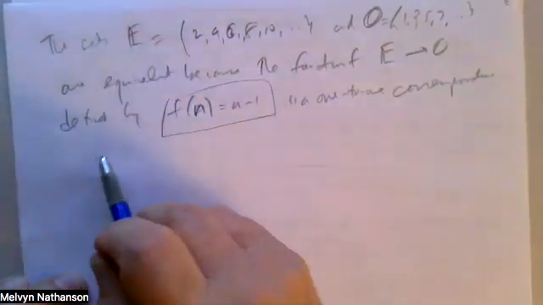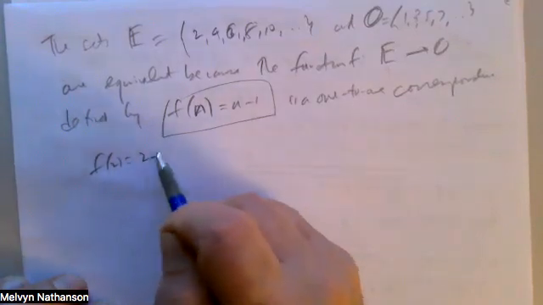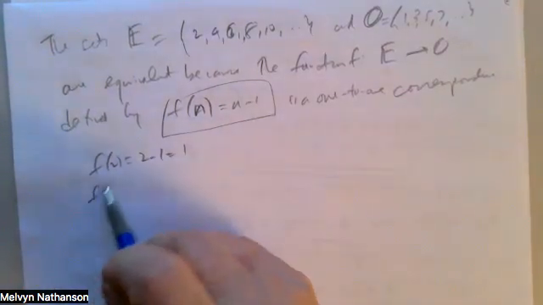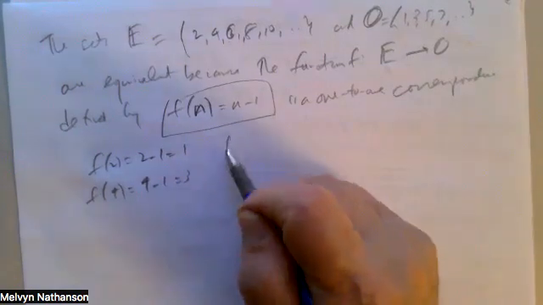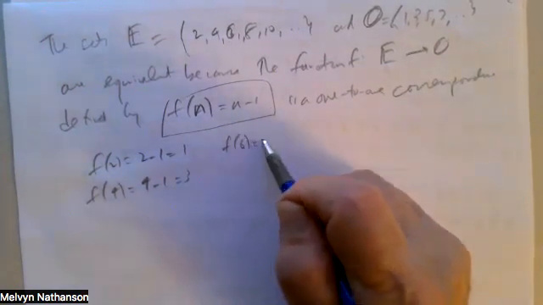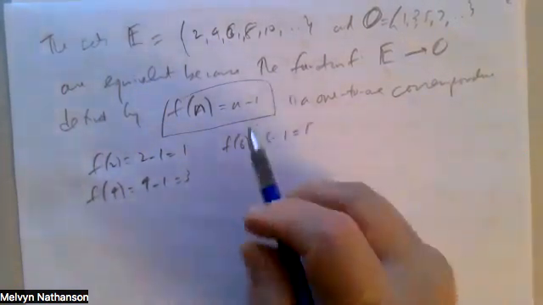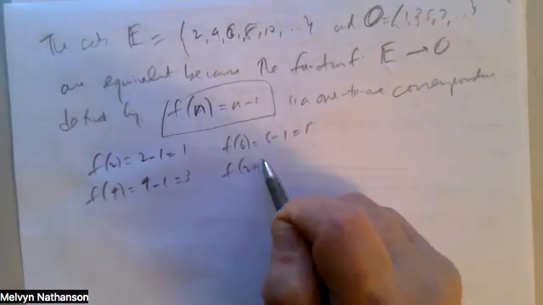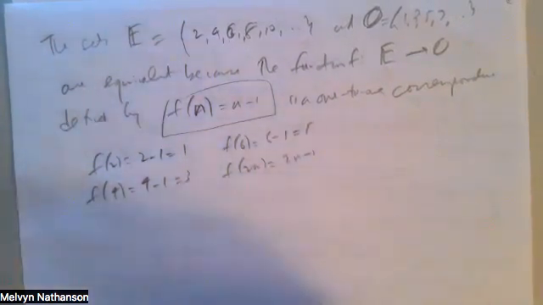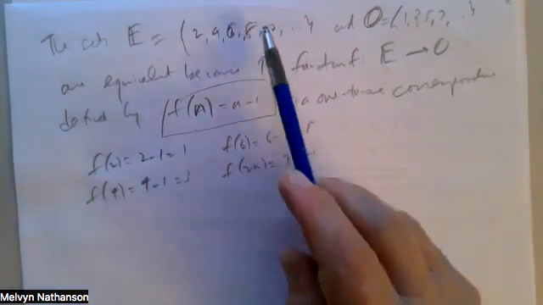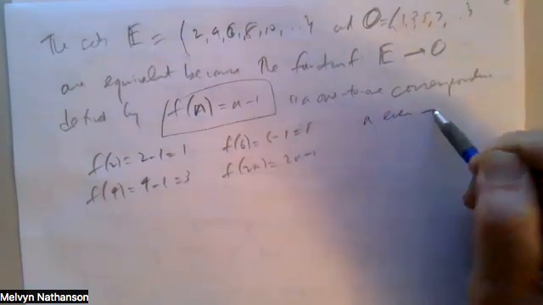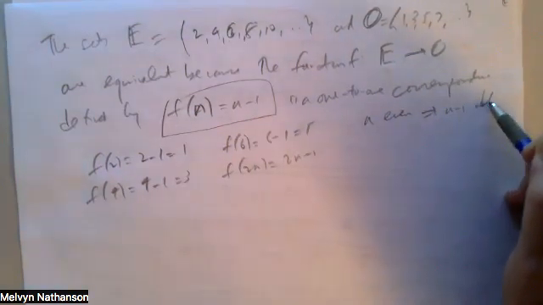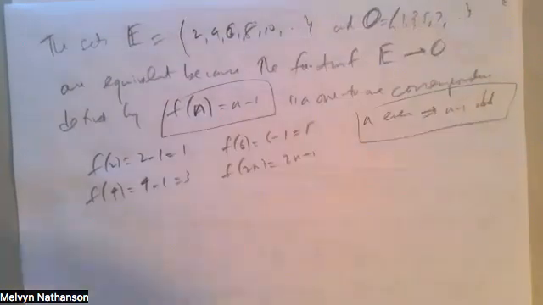What is this function? Well, f of 2 is 2 minus 1 or 1. It's only defined on the even numbers. F of 4 is 4 minus 1 or 3. F of 6 is 6 minus 1 or 5. And in general, f of 2n is 2n minus 1. So n even implies n minus 1 is odd. Everyone knows that.